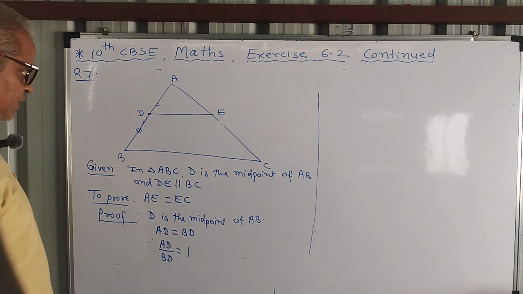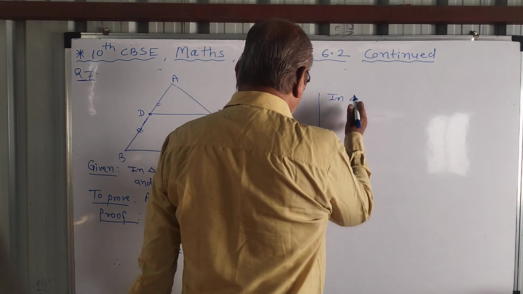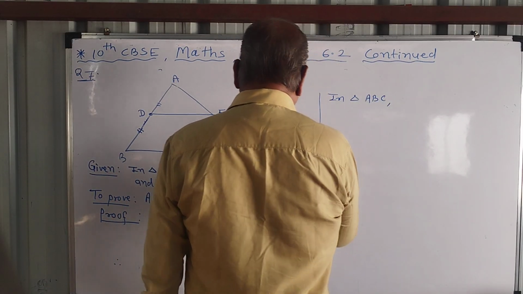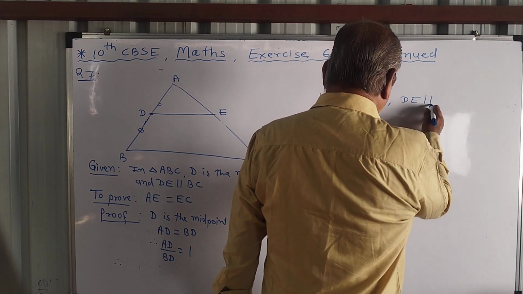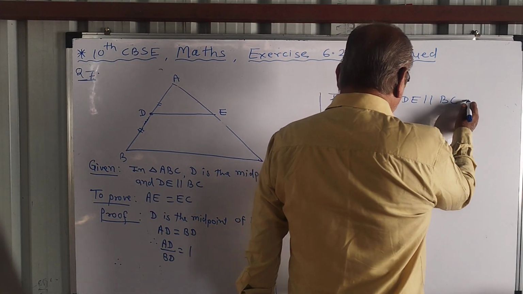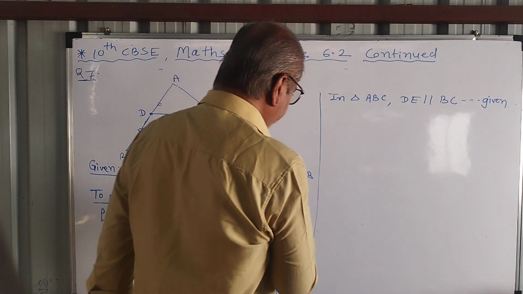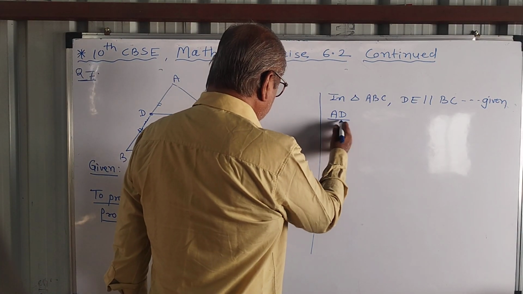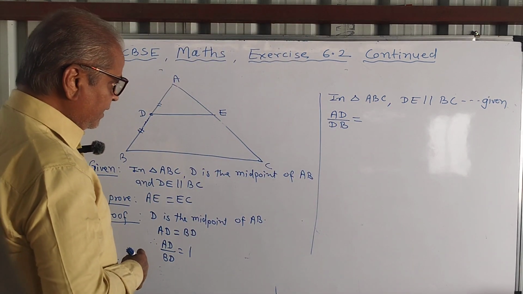Now I will use BPT. In triangle ABC, again it is given that DE is parallel to BC. So use BPT here: AD upon DB is equal to AE upon EC.